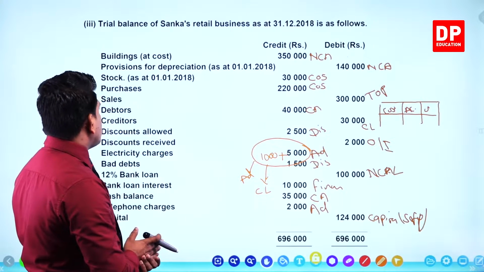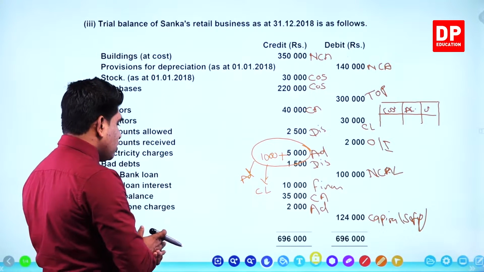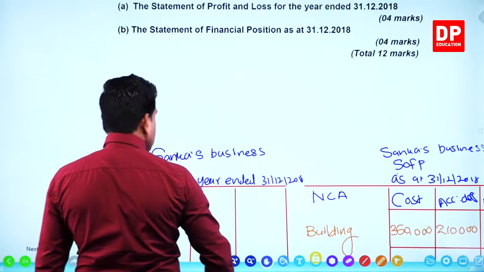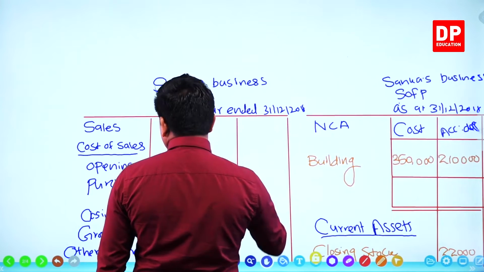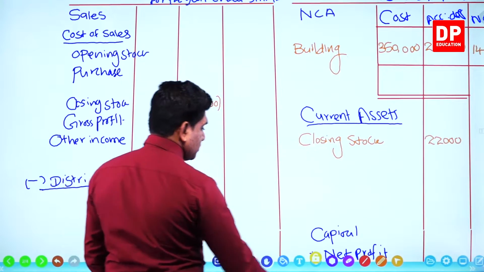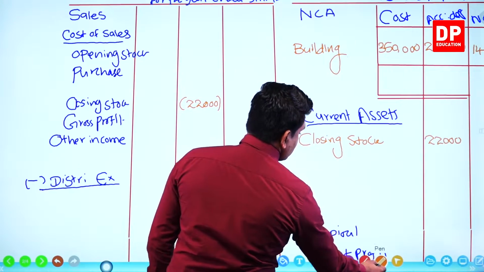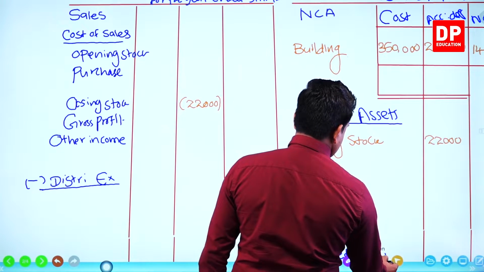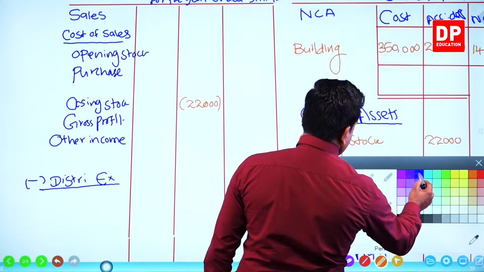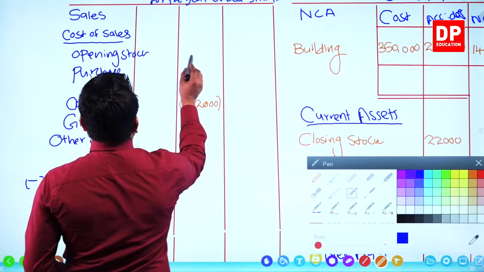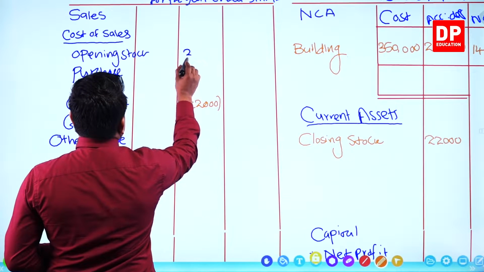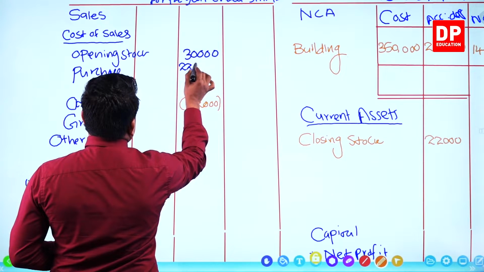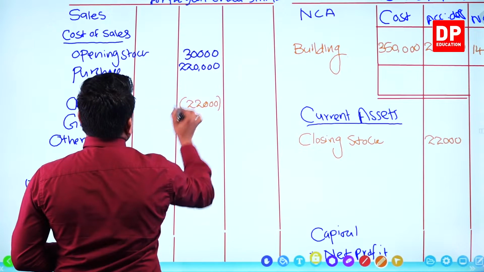Opening stock 30,000, purchases 220,000, right? Opening stock 30,000 here. Purchases 220,000.